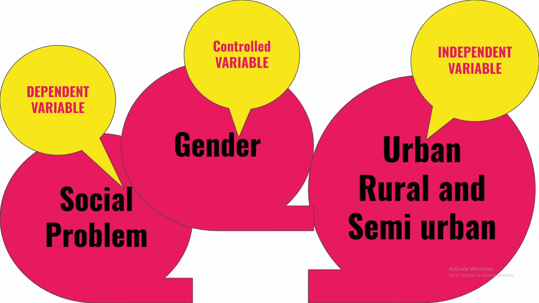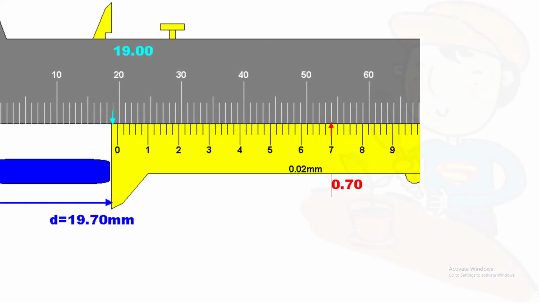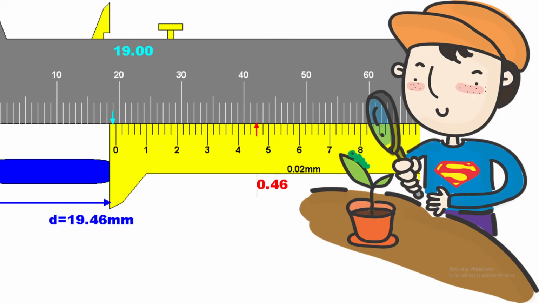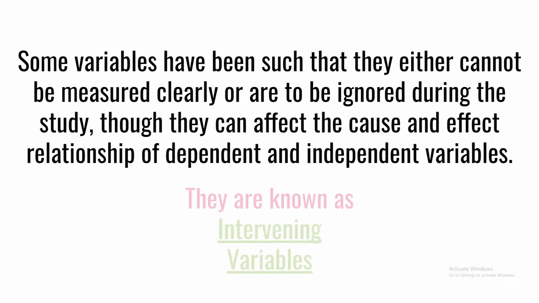We have discussed the types of variables till now which can be clearly measured or taken care of during research. But some variables are such that they either cannot be measured or should be ignored during the study. They may affect the cause and effect relationship of the dependent and independent variables. They are known as intervening variables.